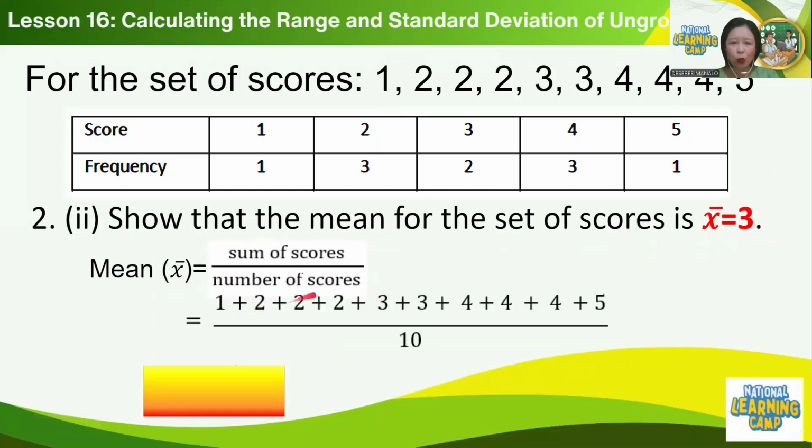So we will add all the given scores here. 1 plus 2 is 3, plus 2 is 5, plus 2 is 7, plus 3 is 10, plus 3 is 13, plus 4 is 17, plus 4 is 21, plus 4 is 25, plus 5 is 30. So it means 30 divided by 10. And 30 divided by 10 is equal to 3. So that's why our mean is 3.